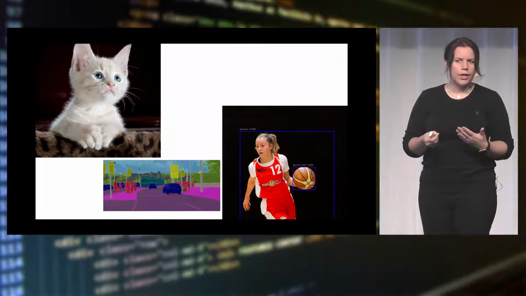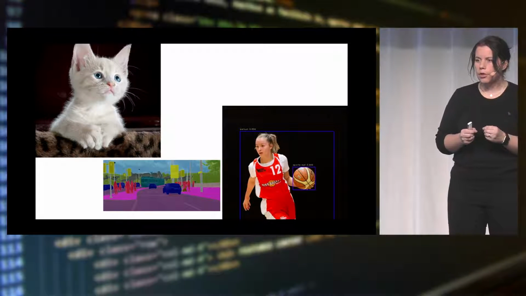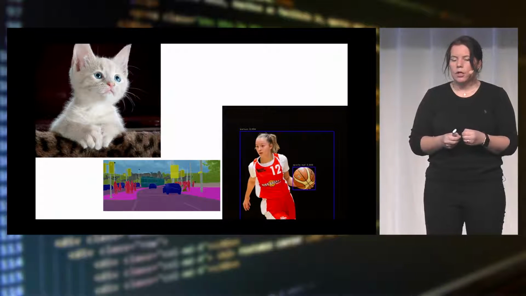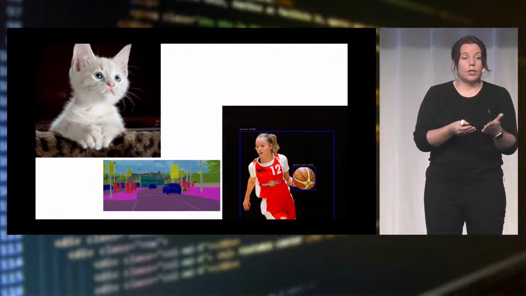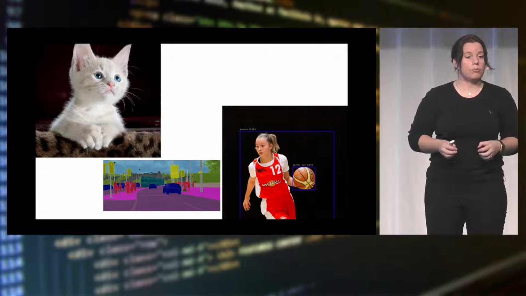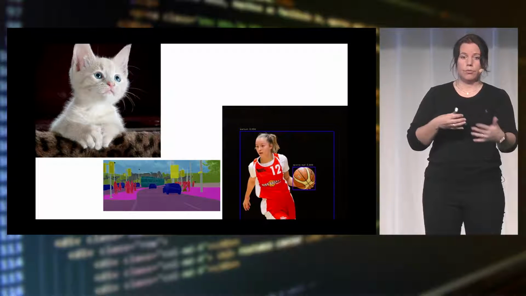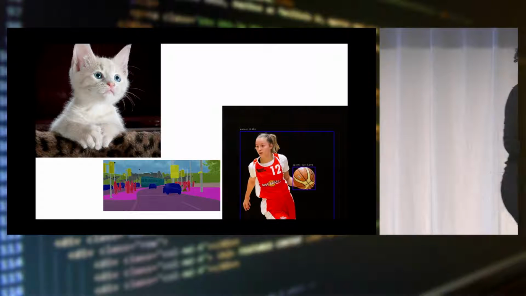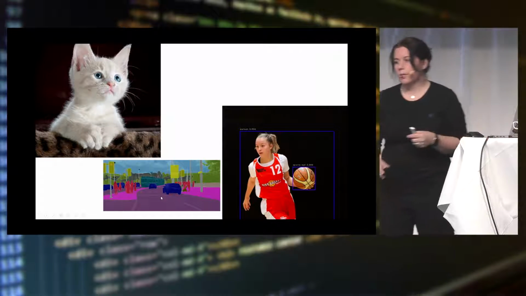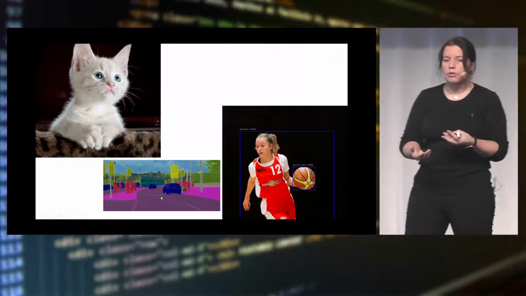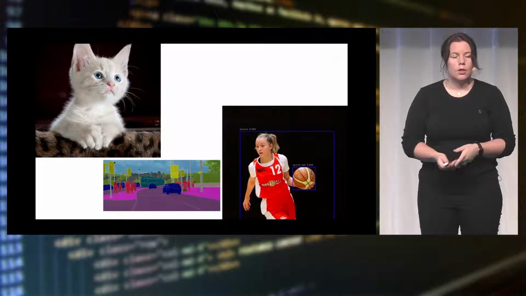We can also figure out the exact pixel level using segmentation, whether or not a specific set of pixels is a ball or a human. So in this case, cars are classified separately, and the road is classified separately, and things like that. So we can use that to do background extraction.